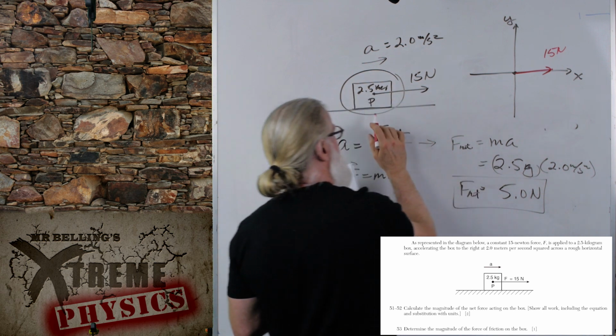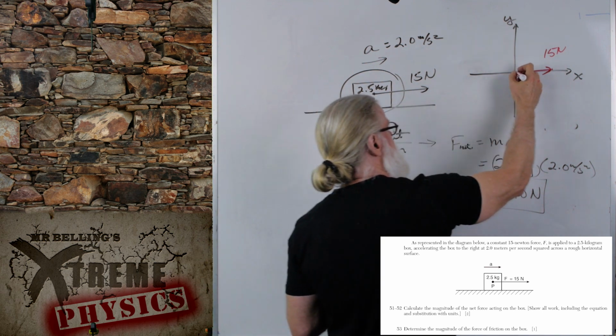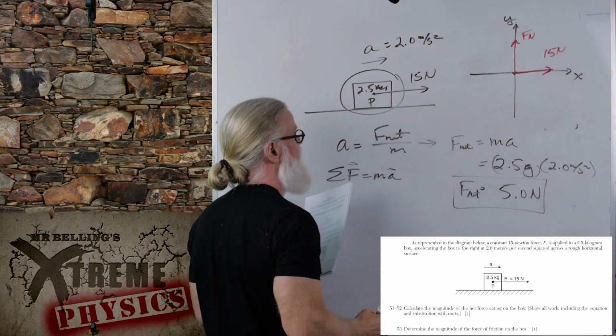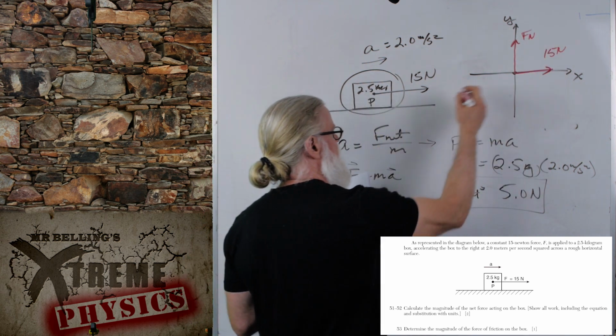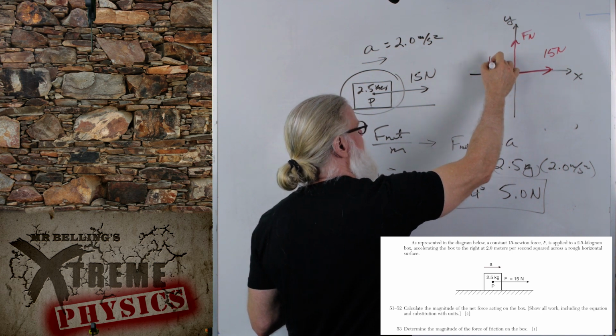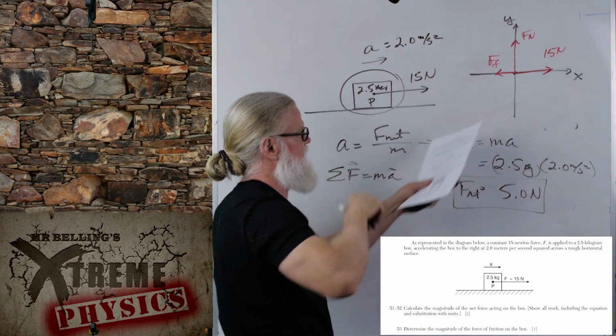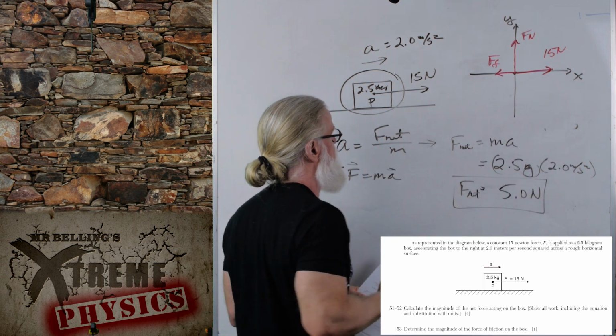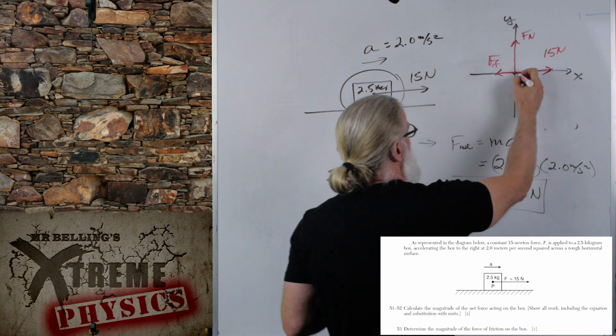The surface is applying a force upward. Call that the normal force. And friction is opposing the motion. That is the opposite, and it has to be less than that because we have a net force that way, because it's accelerating. And then, of course, we also have the weight.